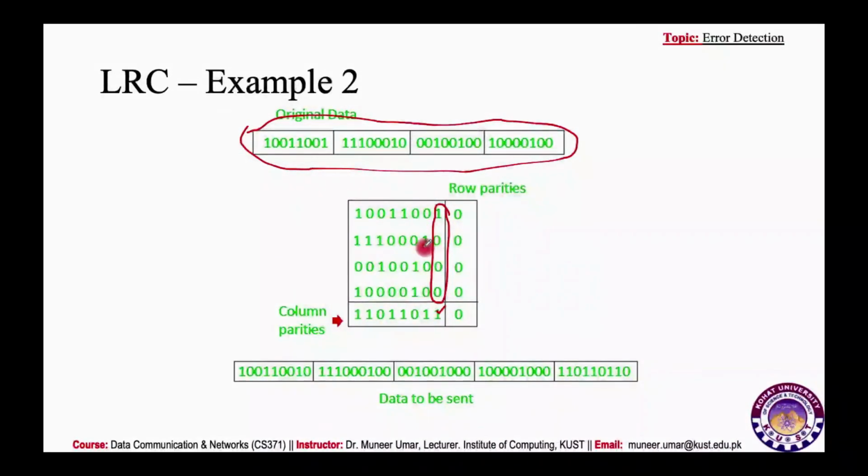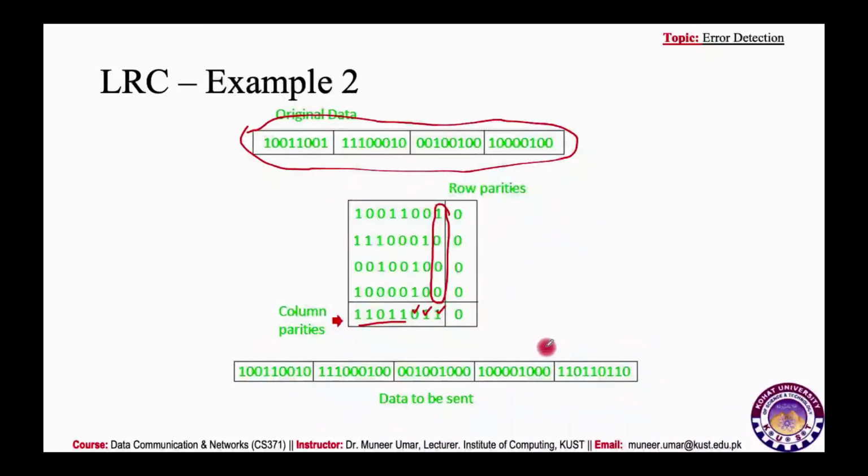Here again, this one is odd. So make it even. This one is already even. So no need to provide 1. So we are giving 0. Similarly, ones and zeros are given to all the columns.